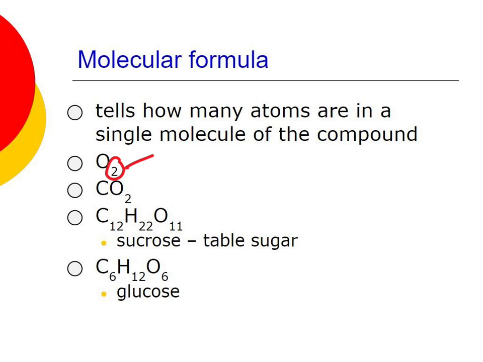So sub is the prefix that means below. So the number that is below the element is called a subscript. Because the number that goes below that element tells us how many of that element are there. Okay? Subscript. Yes. Bless you. You are welcome.